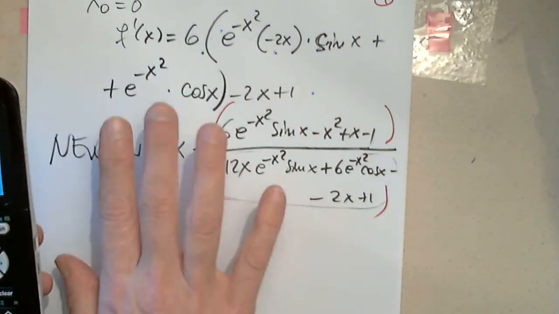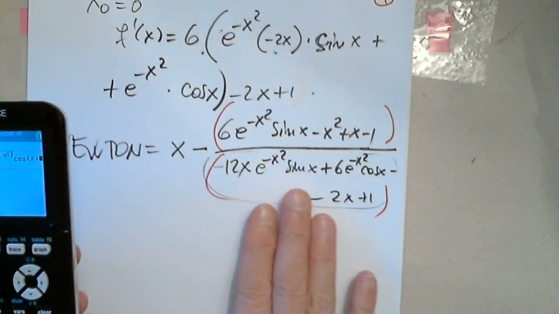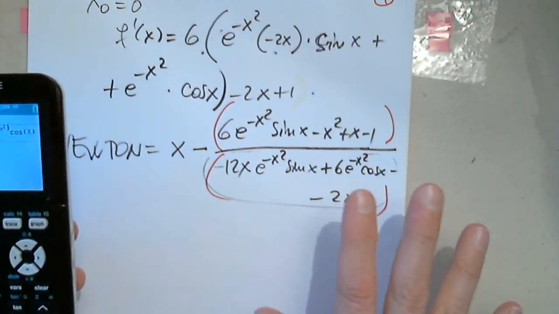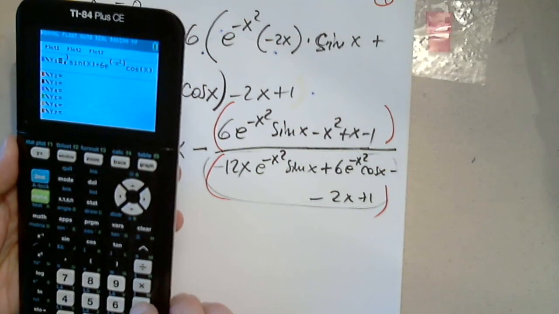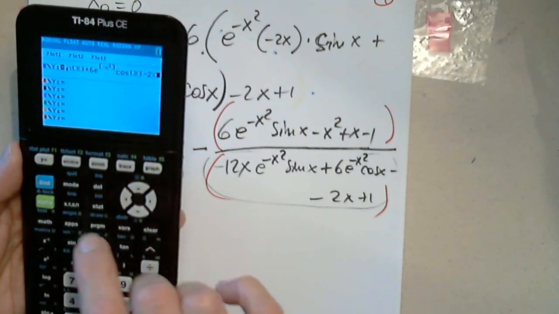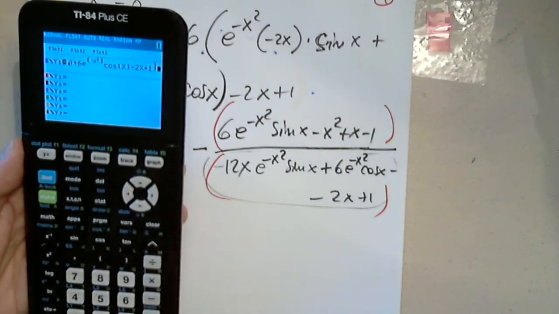I distributed, just making sure now, yes, everything is okay. Minus 2x and plus 1 and close the parenthesis.